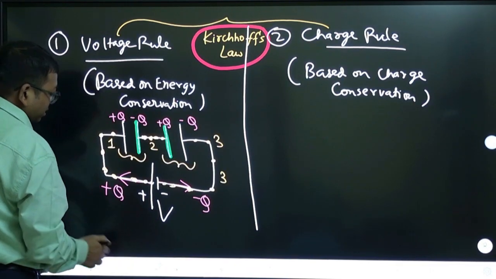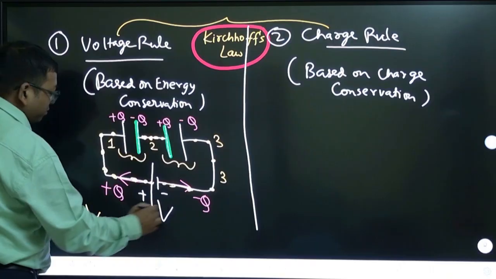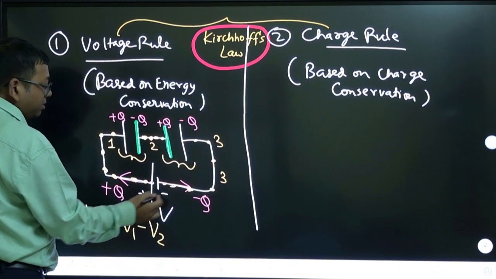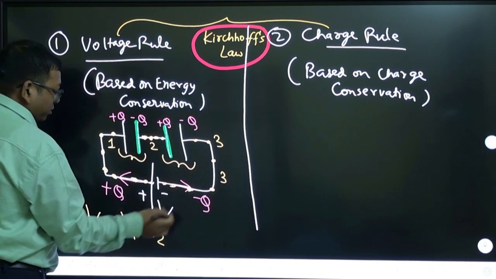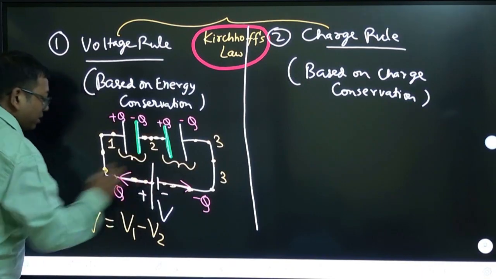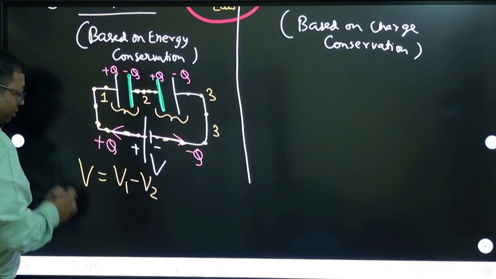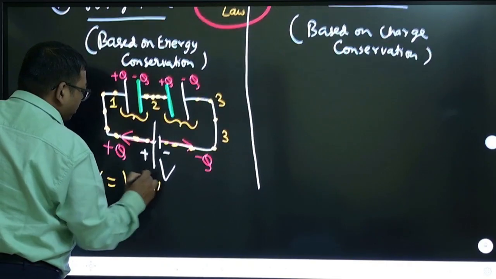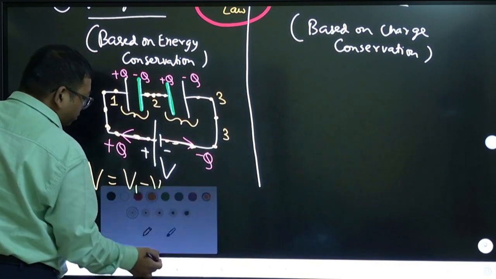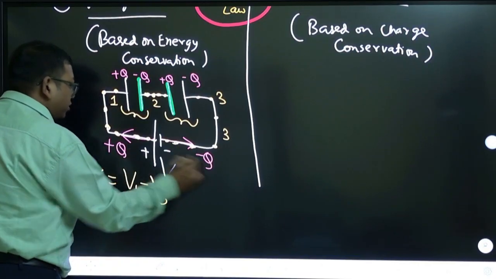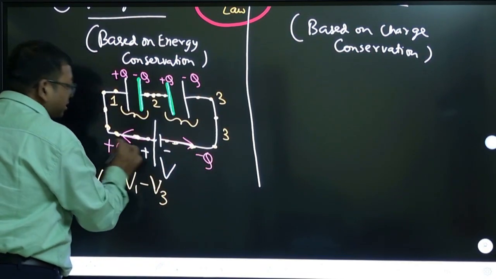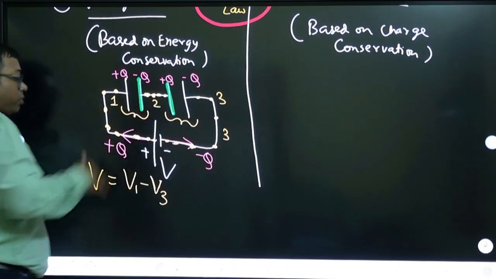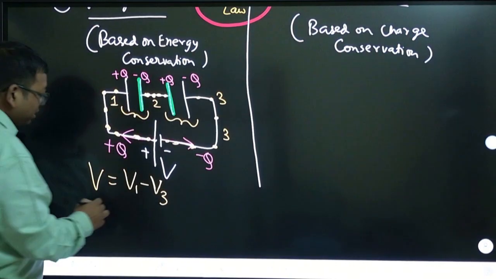This V is the difference of V1 minus V3, because that side is 3 and this side is 1, and V1 is higher potential because it is positive, and V3 is lower. This is V.